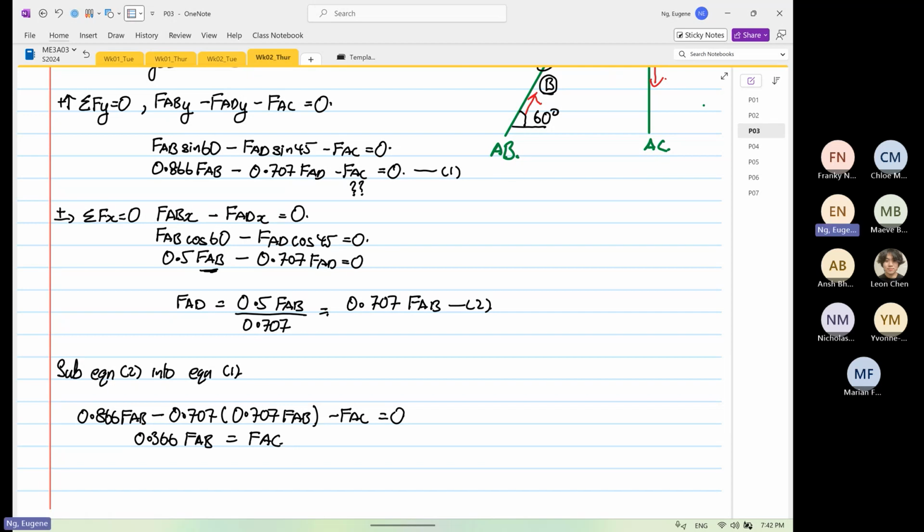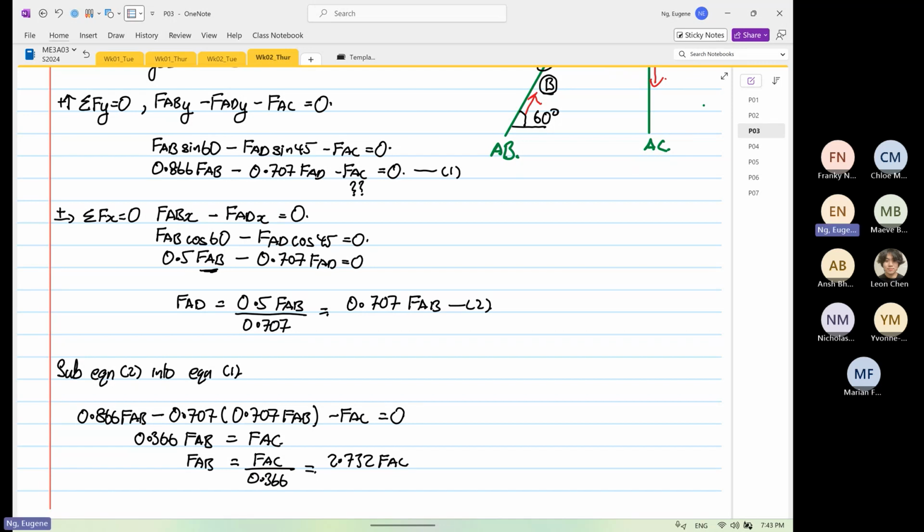Okay, so you can write out that FAB is equal to FAC divided by 0.366. So 1 divided by 0.366 is equal to 2.732 FAC. Okay.